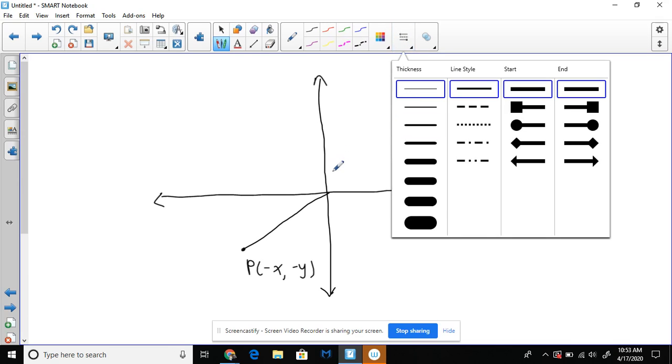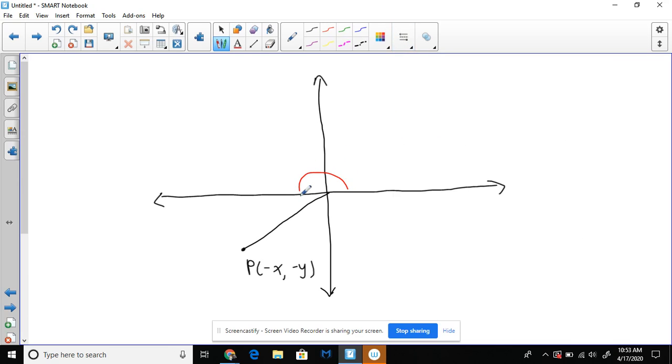So that is my theta. Now again, I drop a perpendicular onto the x-axis, right? And then when I label my values, what is this? This is negative x, this is negative y, and r is still always r, okay?